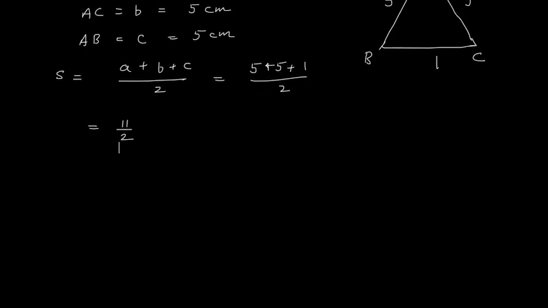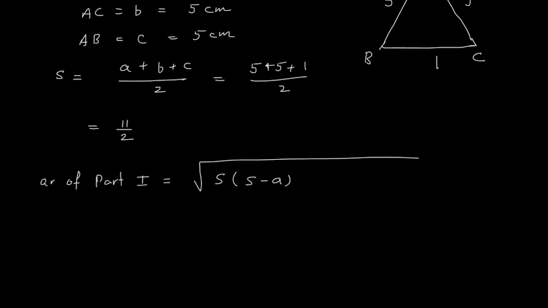Now area of triangle ABC. So area of part 1, I will say part 1 is equals to square root of s into (s minus a) into (s minus b) into (s minus c).